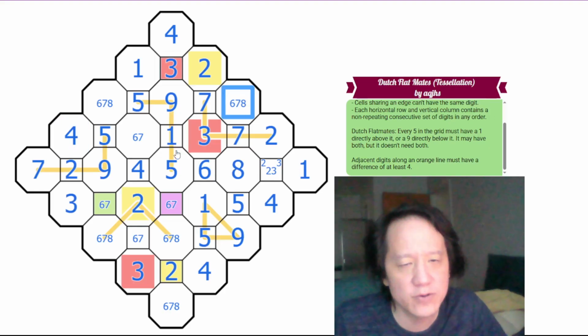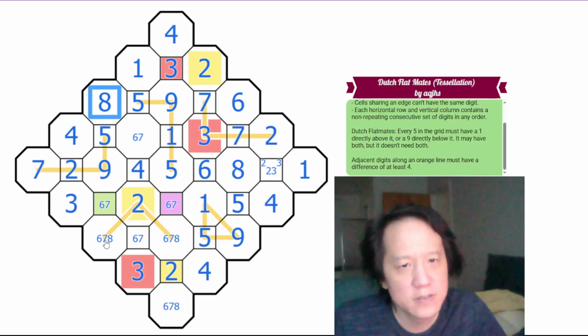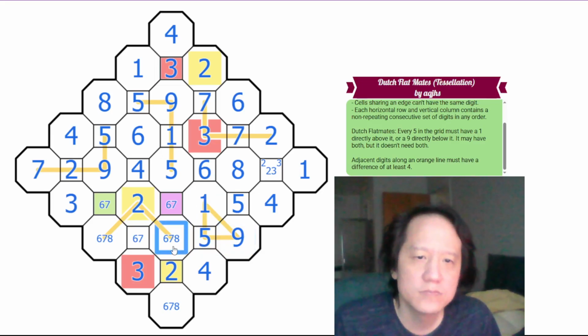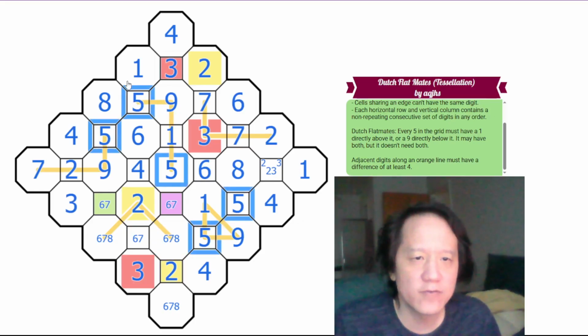This can't be 7 or 8. It's 6. This can't be 6 or 7. It's 8. Which makes this 6. All the 5s have a 1 above it or 9 below it.